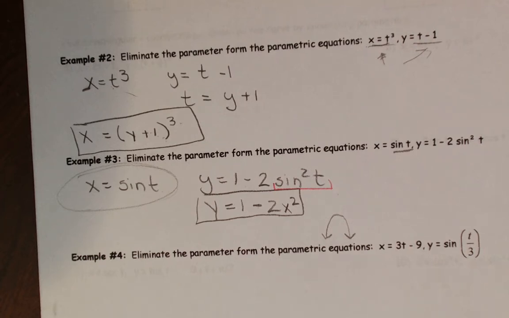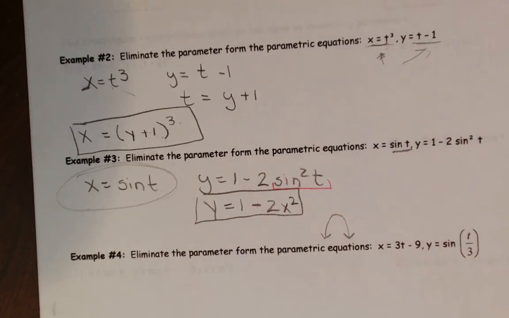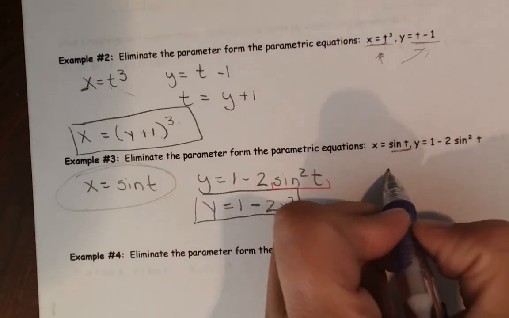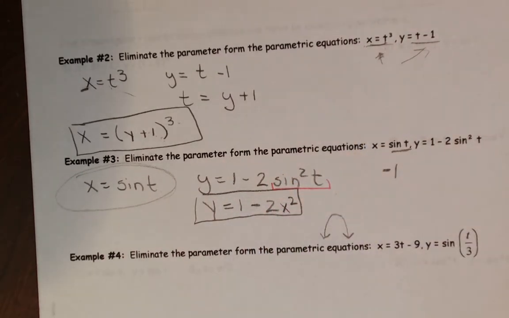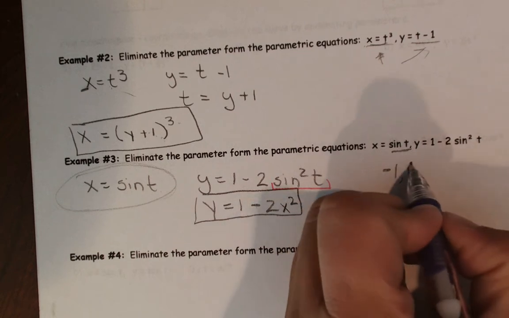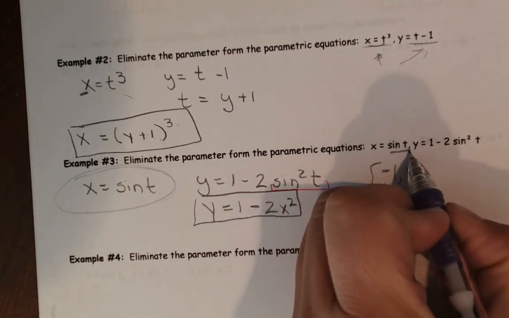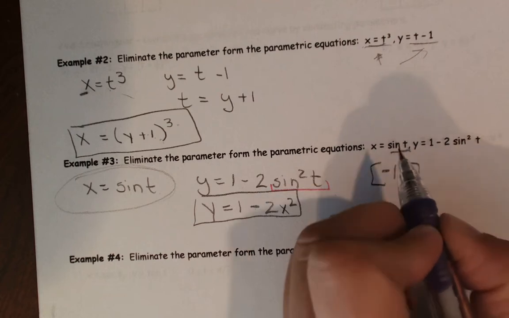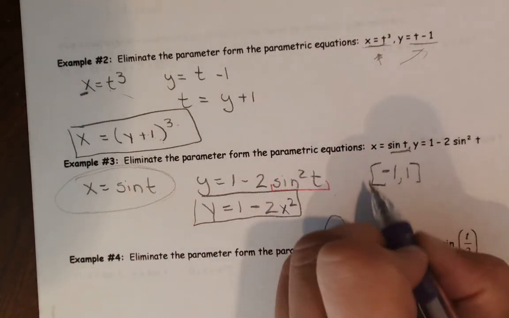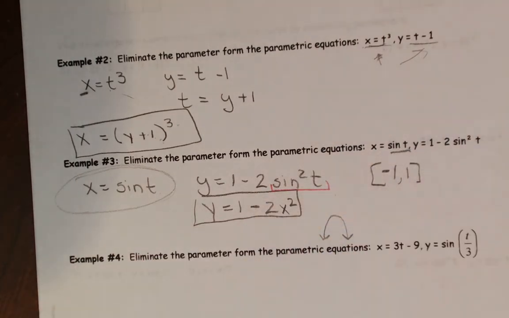Any input, anything I put in for t is going to give me an output for x between negative 1 and 1. No matter what values I put in for t, I know negative 1 is my lowest output, and positive 1 is my highest output.